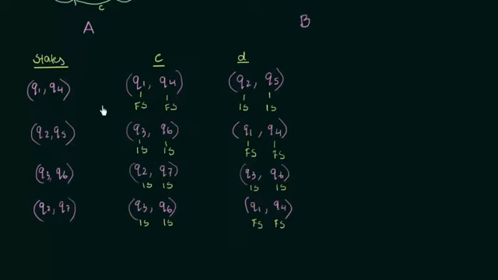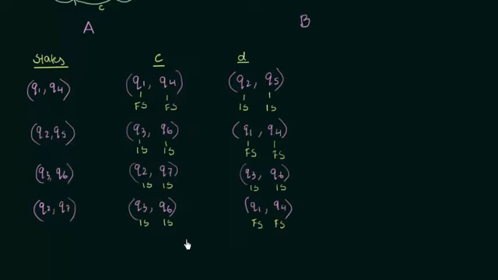Now you see that for all the pairs that we have checked, the pairs of states that we get on inputs C and D are both final states or both intermediate states. Here final state, here intermediate state. So all the pairs are the same kind, either final state or intermediate state.